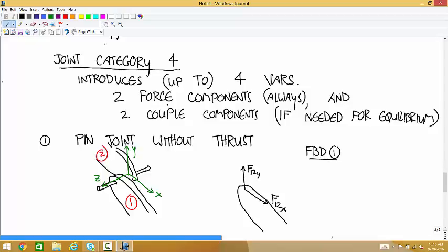So these two optional couples are M1, 2, Y. And M1, 2, X.